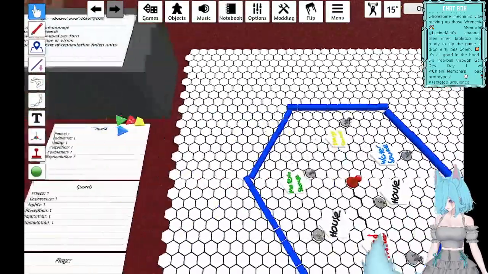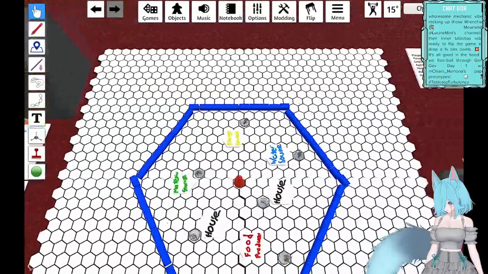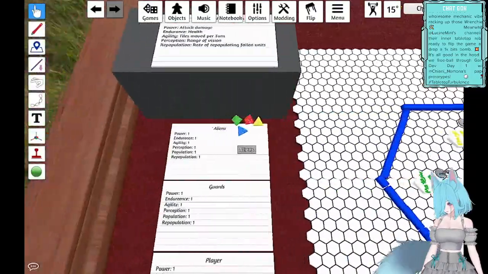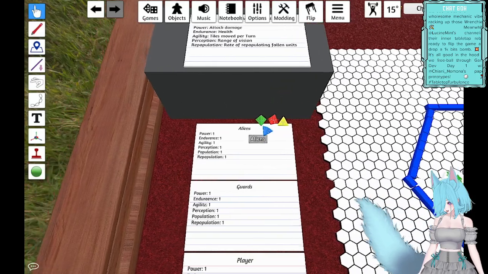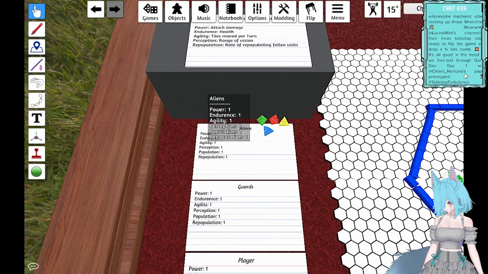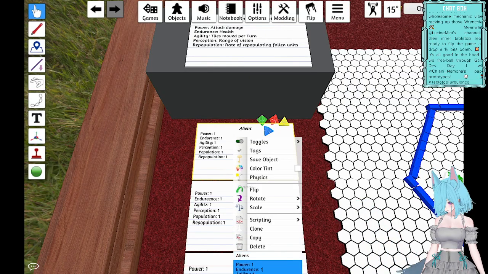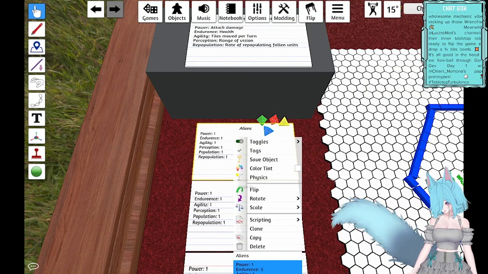Blue. What is blue? Blue is endurance. So, they gain 4 endurance, which means they have 5 endurance.